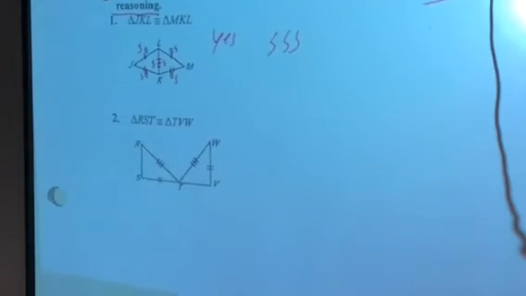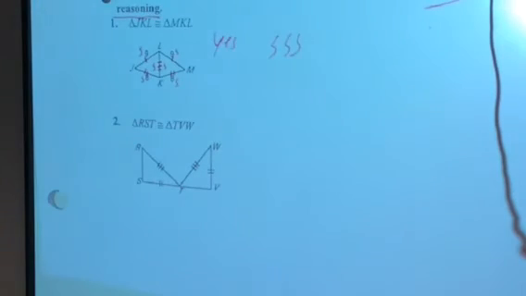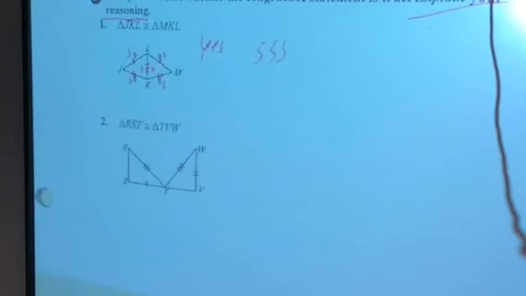Now the second one, right now I know ST is congruent to VW, and I know RT is congruent to WT, but there's no marks on TV and RS.